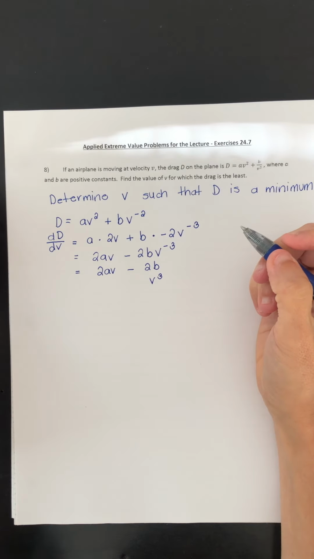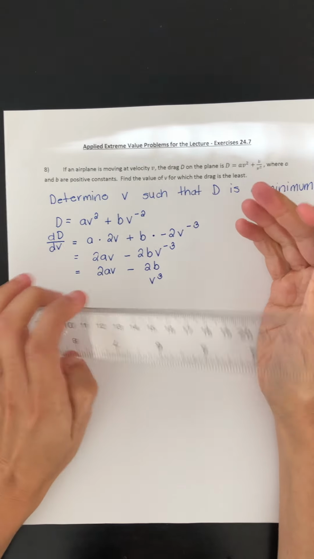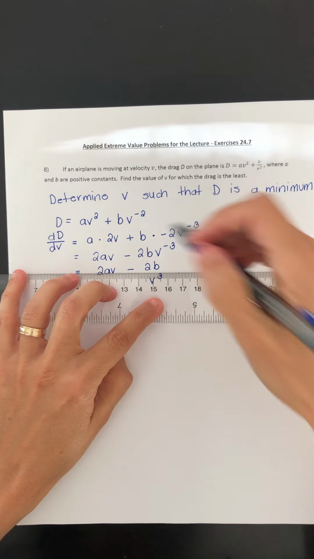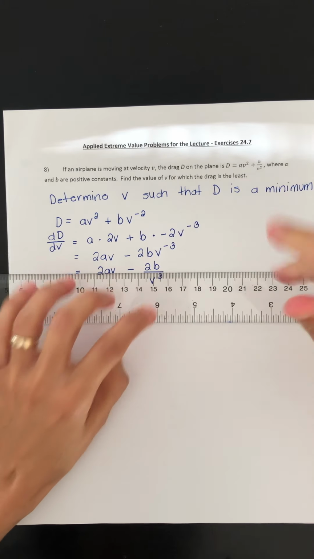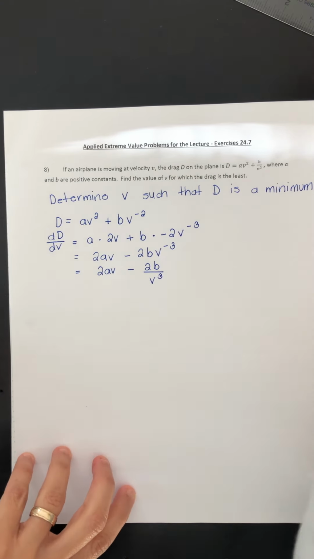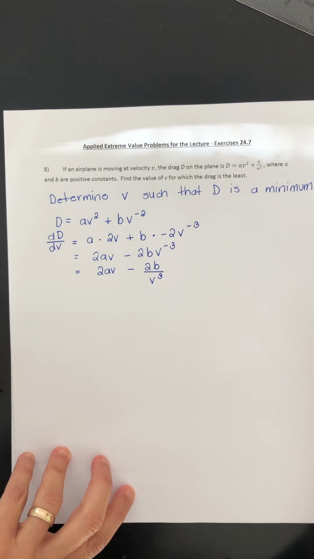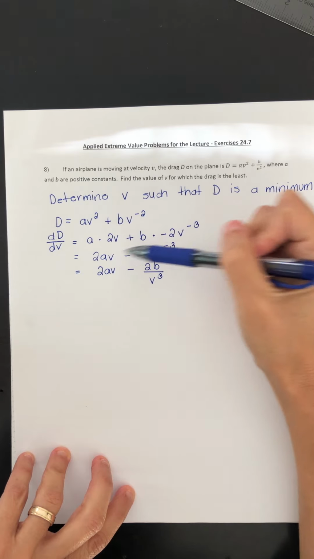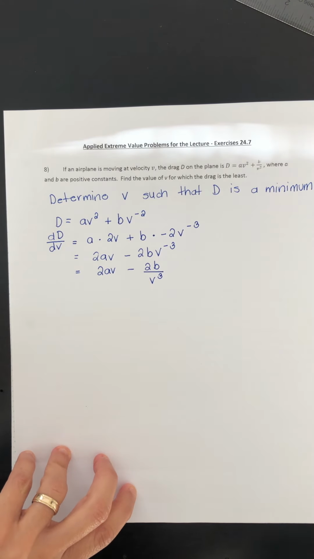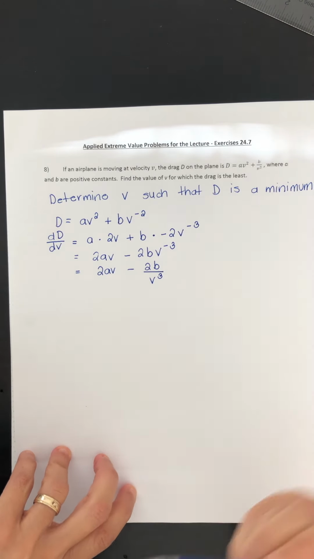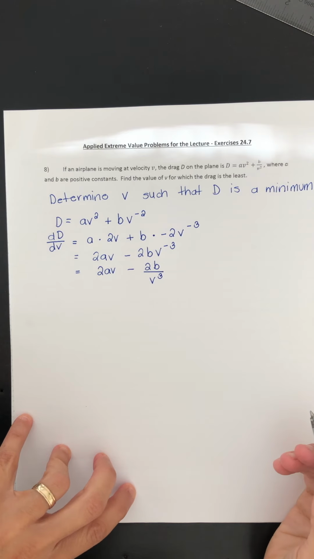Okay, so that is correct for the first derivative of the drag with respect to velocity. Again, we treated v like the variable that it is. A and b were treated like numbers. So this is what we set equal to 0 now, because we are looking for a minimum.